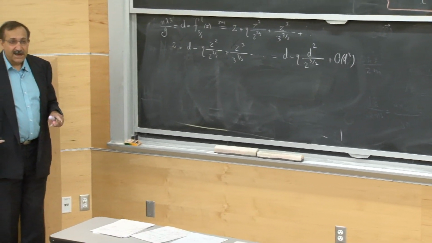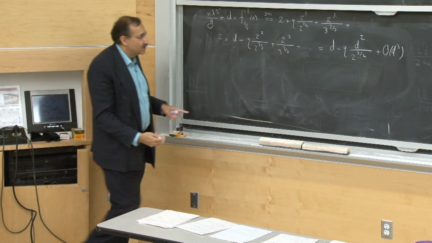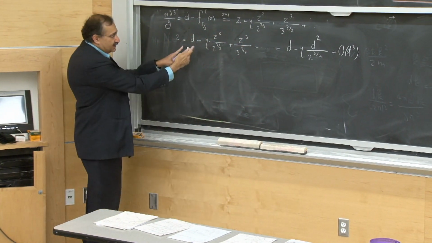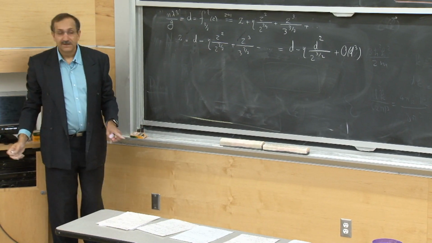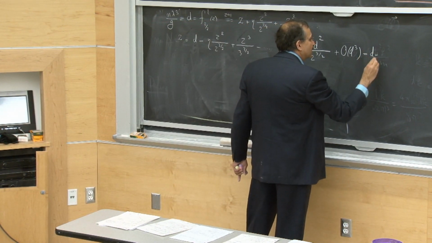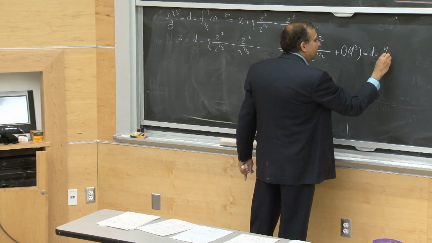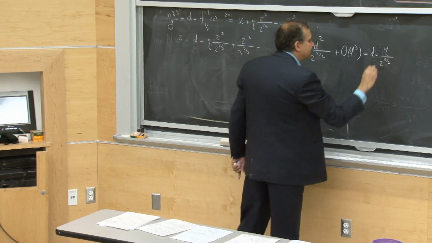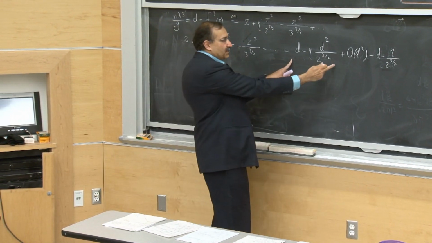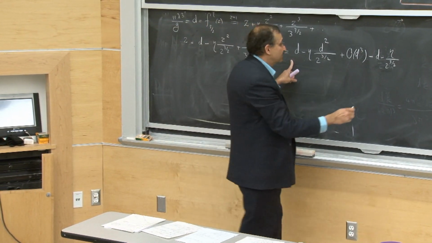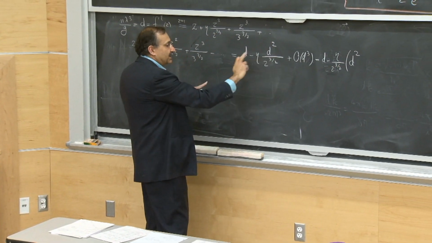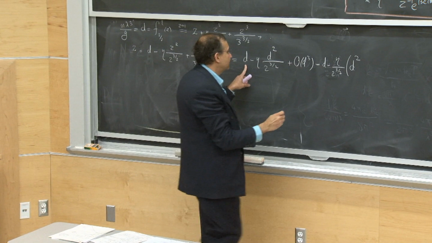And if I want the answer to the d cubed order, I take this whole thing that is at order of d squared and substitute it in this series. And so what do I get? I will get d minus eta over 2 to the 3 halves times the square of z, which is the square of this quantity. Square of this quantity is d squared minus twice the product of these two terms.